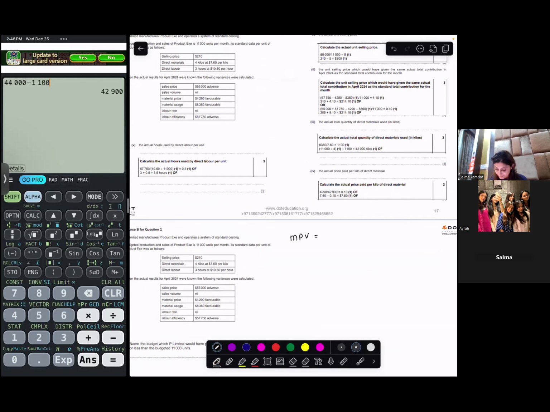The formula is standard rate minus actual rate into actual quantity. You have the standard rate 7.6. Material price variance is 4290, favorable. Actual quantity is what we just found, 42,900.